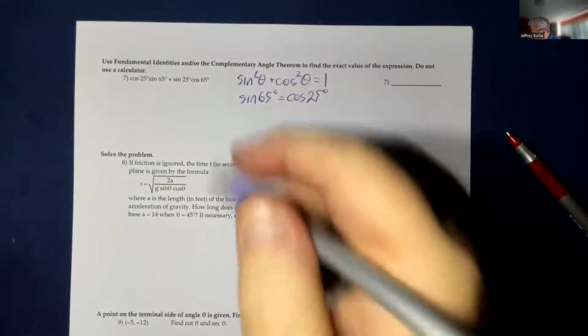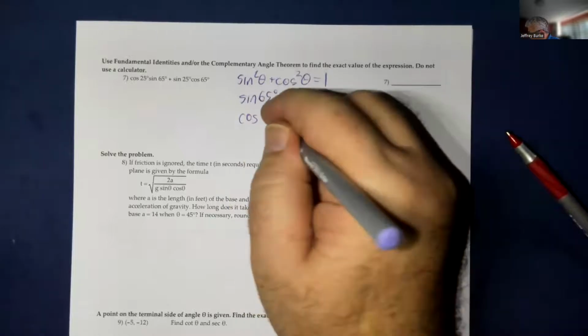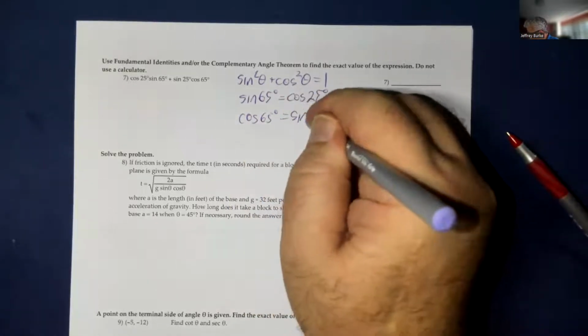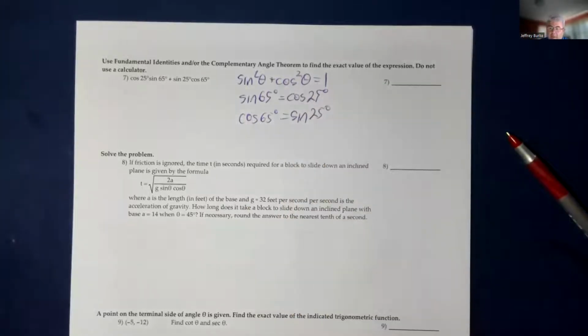You can also finally say that the cosine of 65 degrees is equal to the sine of 25 degrees.